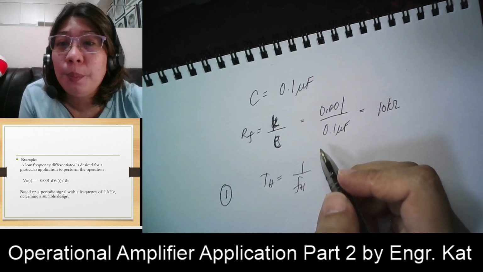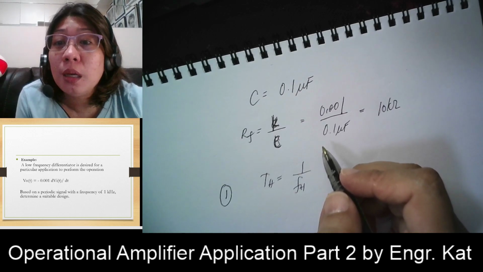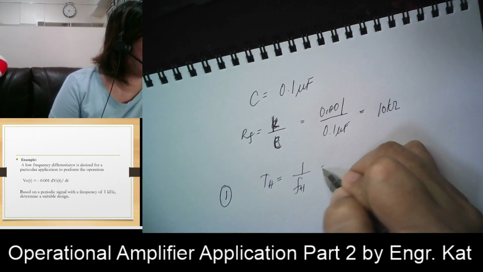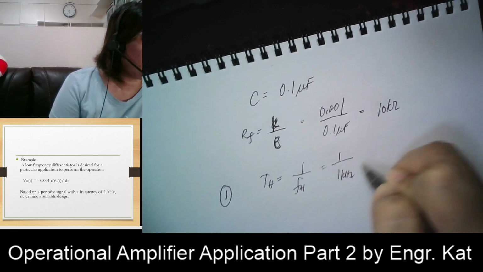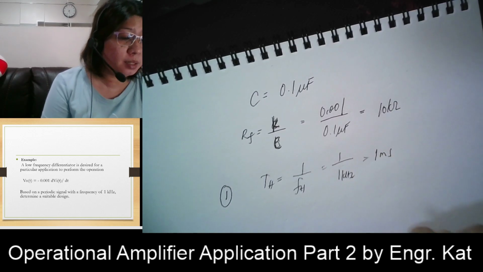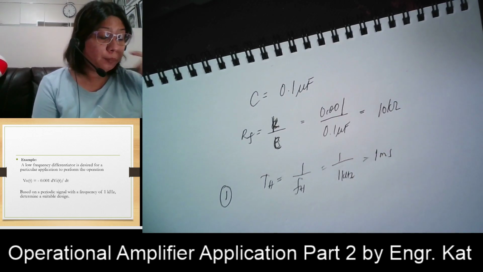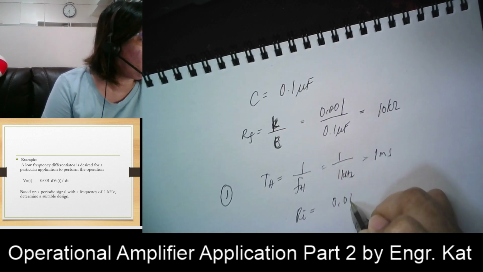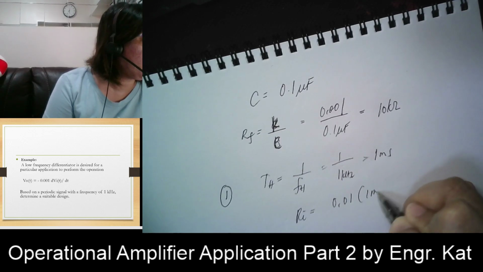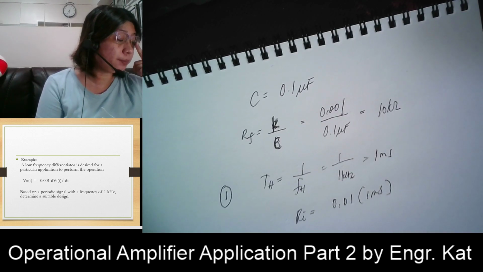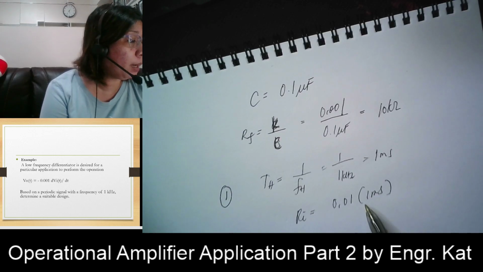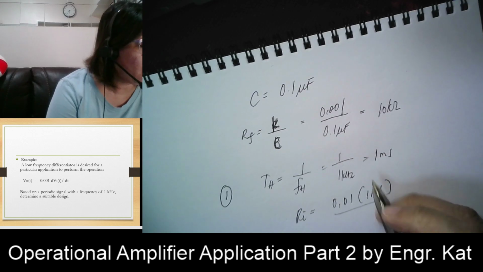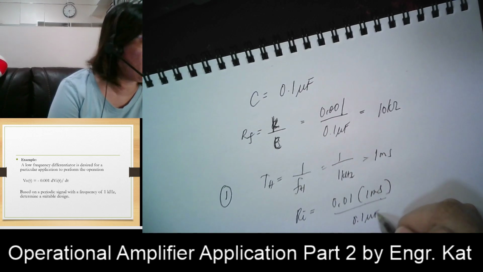It says in the problem that the highest frequency there is 1 kilohertz. So this is 1 over 1K, which gives you 1 millisecond. Solving for RI, that is 0.01 multiplied by 1 millisecond, based on our formula, divided by our capacitance, which is 0.1 microfarad.